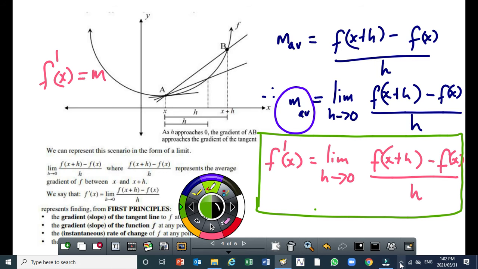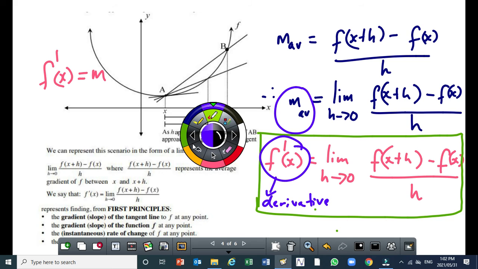Alright, so that f prime of x, we call it the derivative. It is also called the instantaneous rate of change.